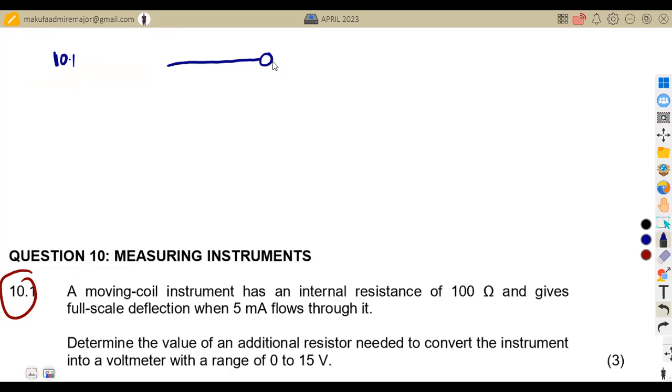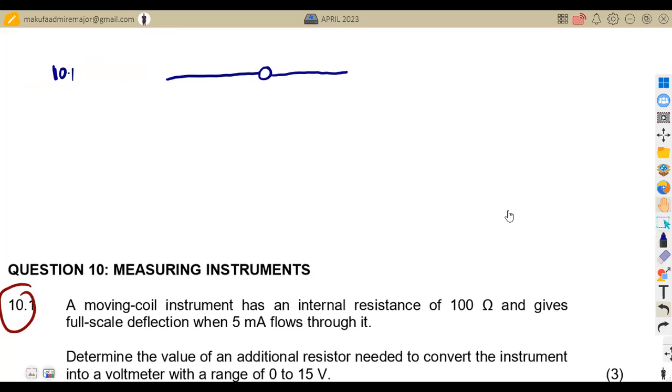At full scale deflection, this meter has its own characteristics, like its internal resistance, the resistance of the meter, given as 100 ohms. At full scale deflection, it gives a current of 5 milliamps. That is the current across the meter. So this is our meter, or the instrument.